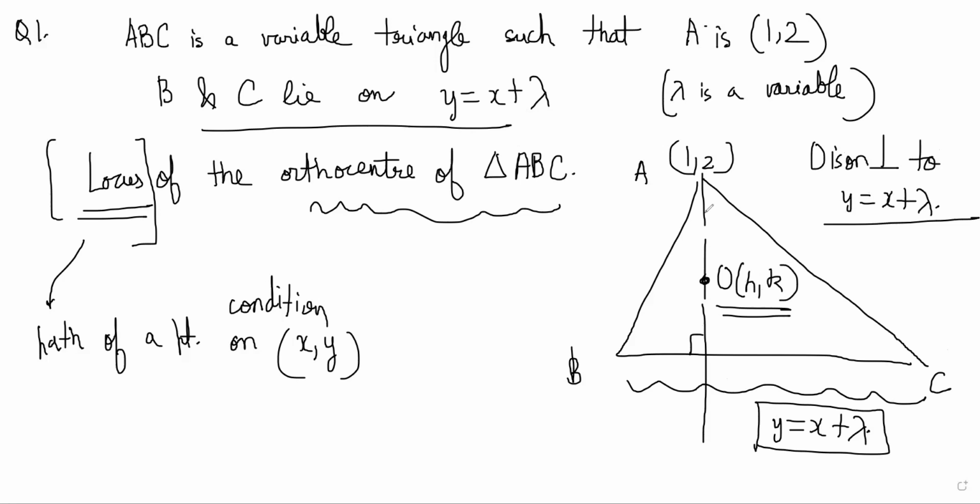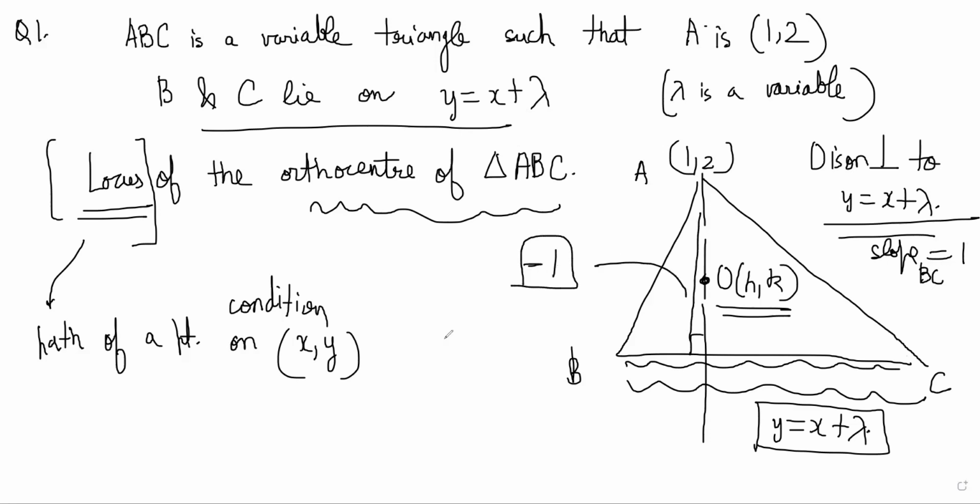O is on a line which is perpendicular to BC. So the slope of BC is 1, so slope of the altitude line should be -1.